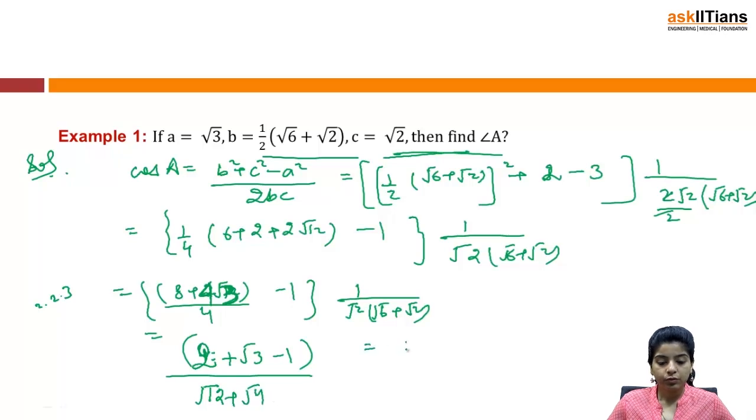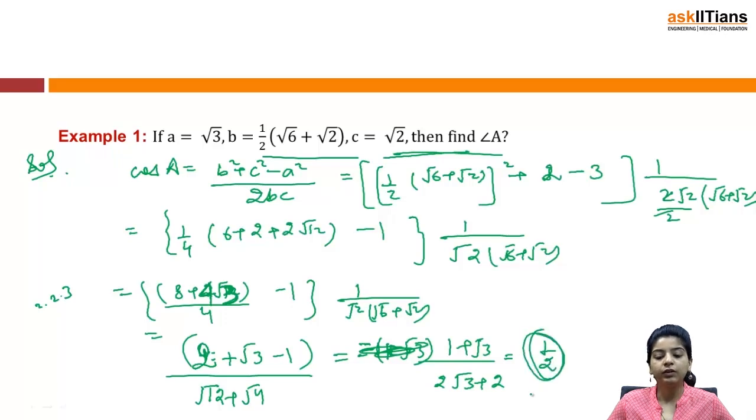So this becomes root 3, 1 plus root 3. This becomes 1 plus root 3 by, now again this becomes 2 root 3 plus 2. So 1 plus root 3 by 1 plus root 3 gets cancelled, so we are left with half.